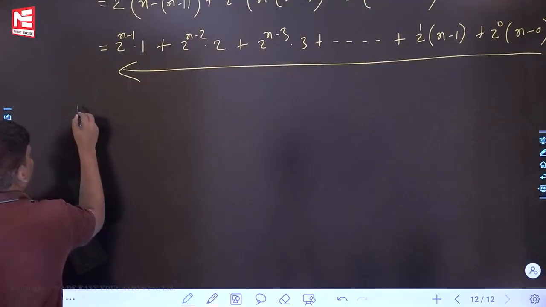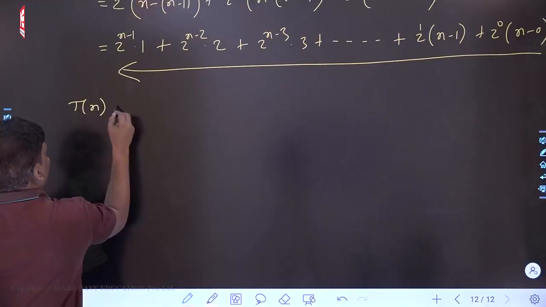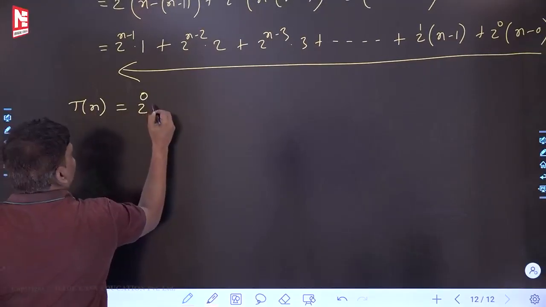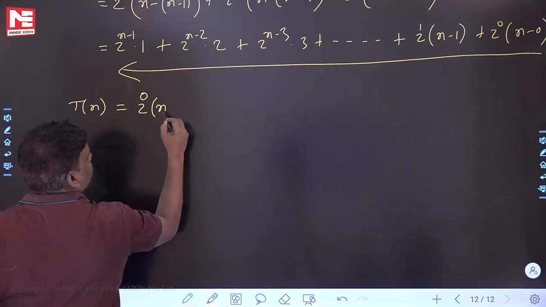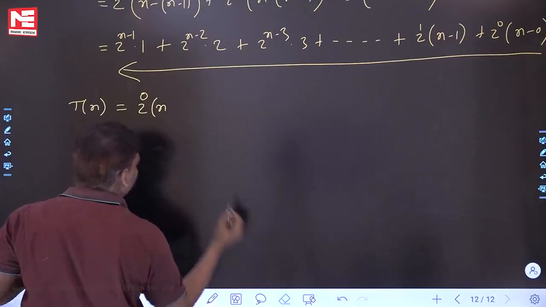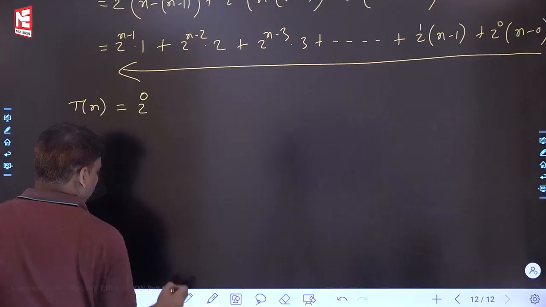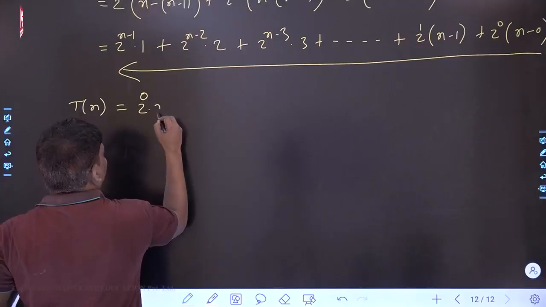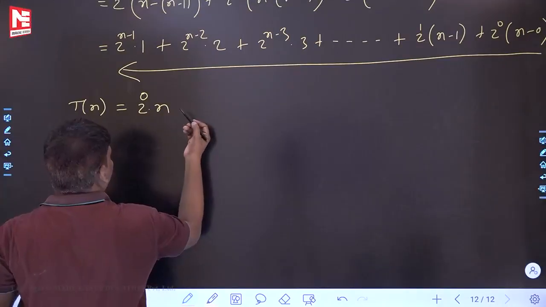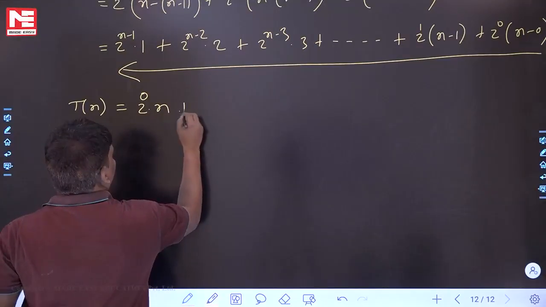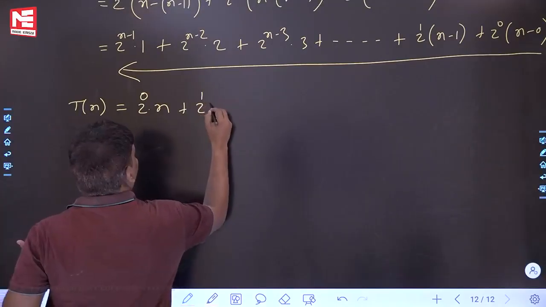Please be careful. T of n is equal to, in reverse order I am writing, 2 power 0. What is the answer? N minus 0 means n. 2 power 0 into n. Next one, 2 power 1, n minus 1.